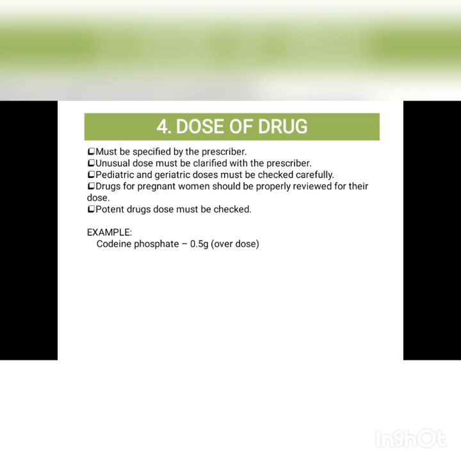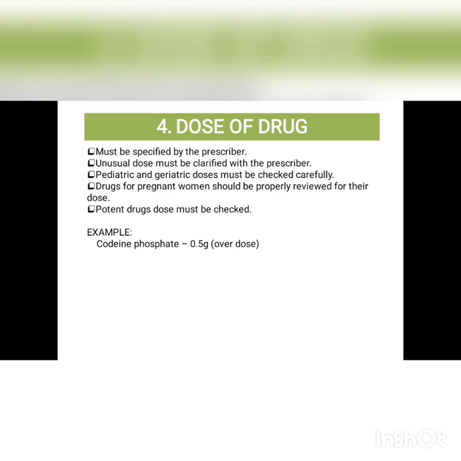The dose of the drug must be specified by the prescriber in the prescription. If there is any doubt about the dose, a pharmacist should consult the prescriber and get it clarified. In case of pediatric or geriatric doses, do you know what these are?